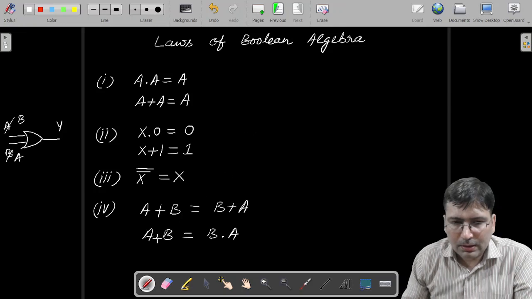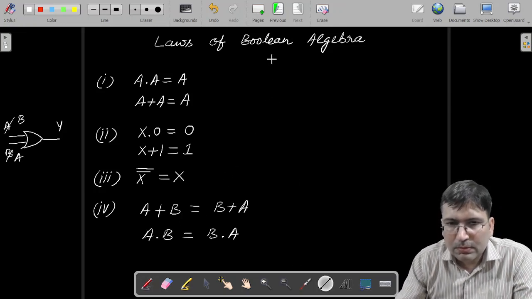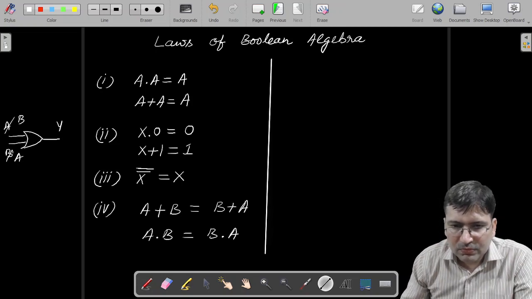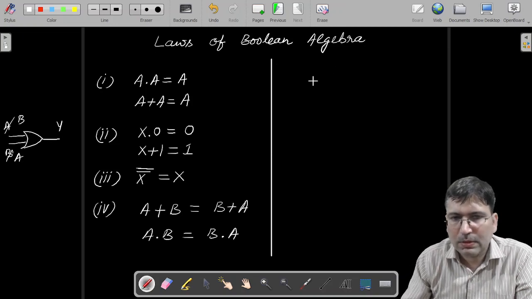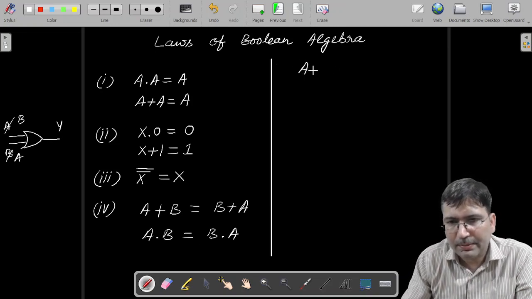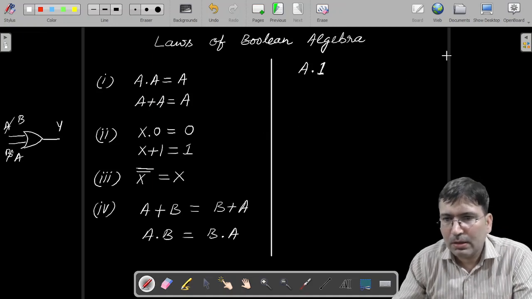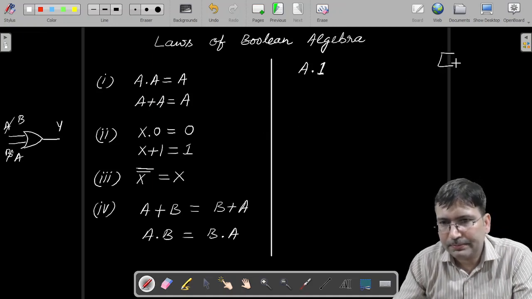Now a few more properties. If we are having, let's say, a dot 1, the meaning is there is an AND gate getting one input as a and another input as high, 1.